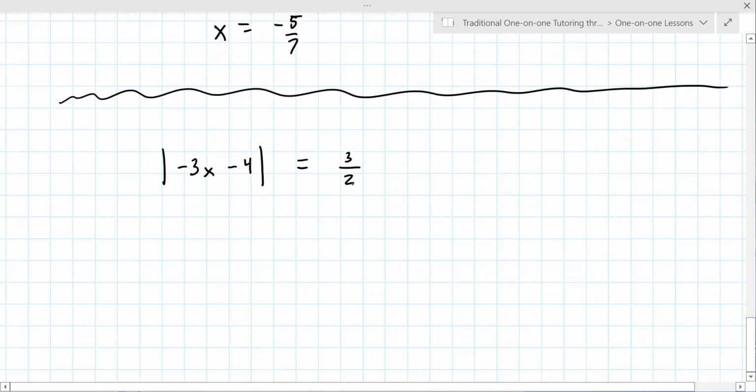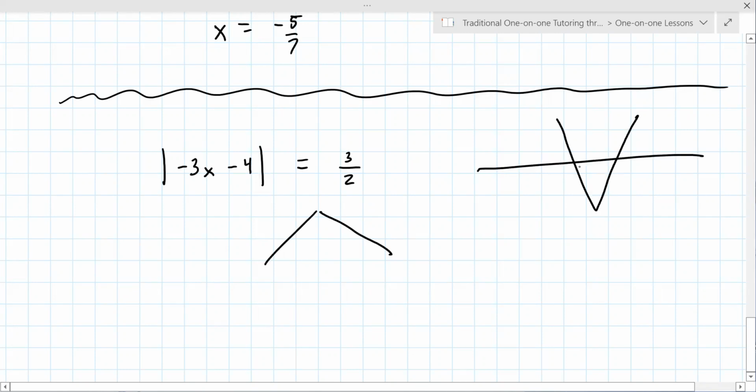Whenever you have an absolute value equaling something, it always produces two situations, because it hits twice potentially. That's why you do this. You just apply the definition. So you have negative 3x minus 4 equals positive 3/2, and negative 3x minus 4 equals negative 3/2.